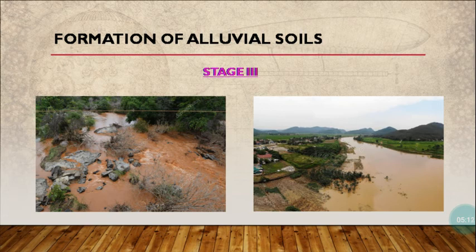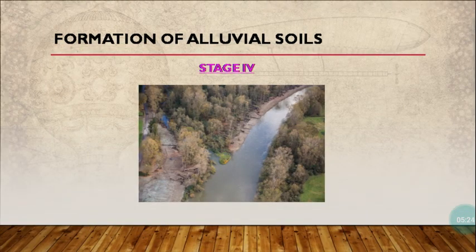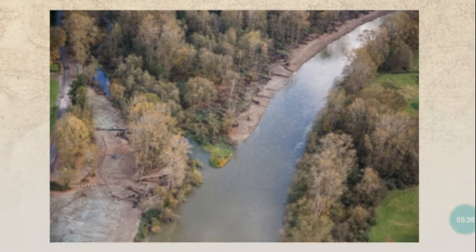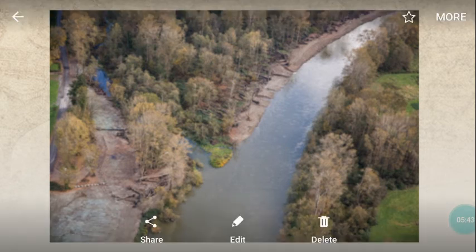After some time, when the flood finishes and the environment returns to normal, these deposited materials will stagnate in the river bank area and form the alluvial soil. So beside the river zone we can observe the alluvial soil. In this way the alluvial soil is formed.